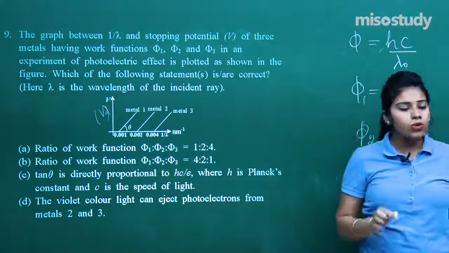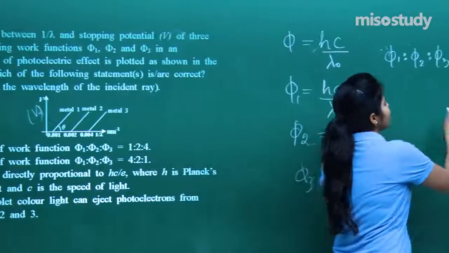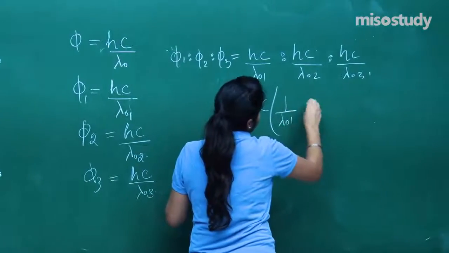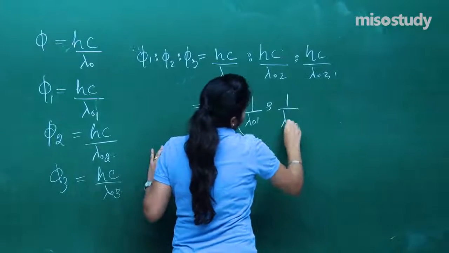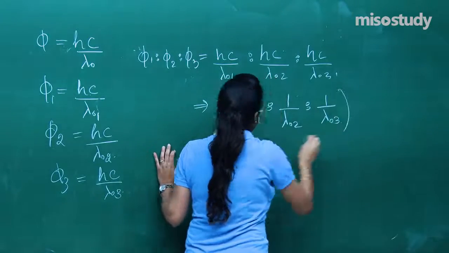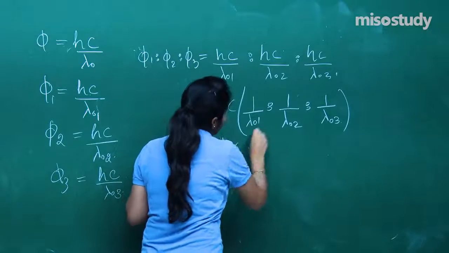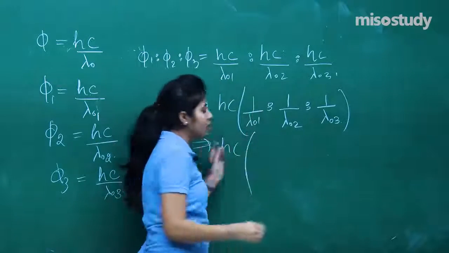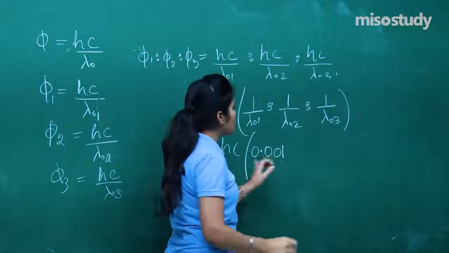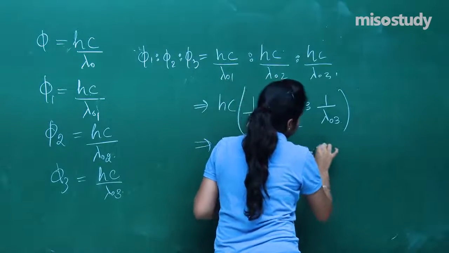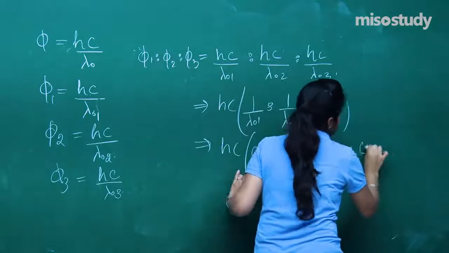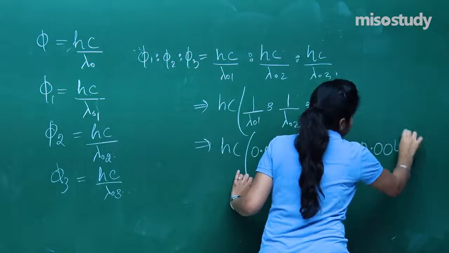Now what you can do here is take this HC as common first of all. So you will have 1 by lambda naught 1, 1 by lambda naught 2, and so on. In the question you have been given that 1 by lambda naught 1 is 0.001, 1 by lambda naught 2 is 0.002 and 1 by lambda naught 3 is 0.004.